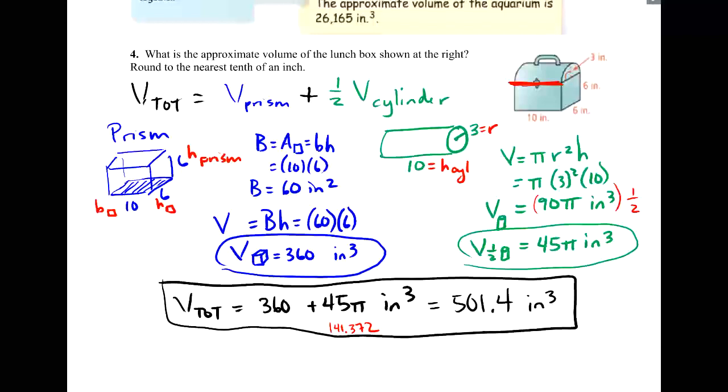So volume is really quite simple as long as you are labeling your diagrams. Again, shade in the side that you're looking at. It will help it stand out so that you can see the measurements. Label your base and height of your base that you're finding the area of separately from the height of the prism or the height of the cylinder, so that you can keep those straight.